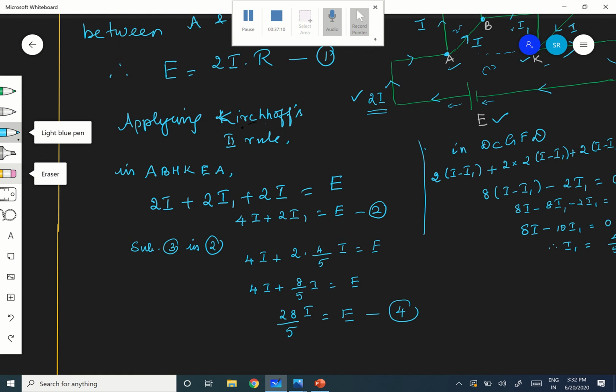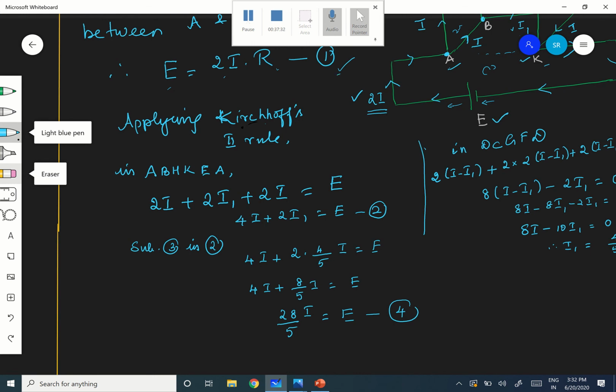Are you following, children? We need to find out the resistance between A and K. The first step we have done: let R be the equivalent resistance between A and K. Total resistance is R, total EMF is E, total current is 2I. From that we are getting the first equation.